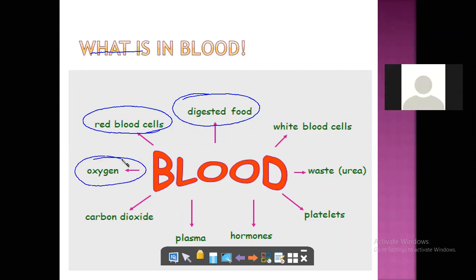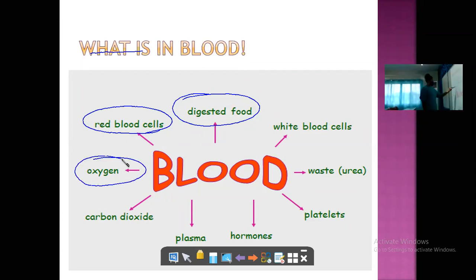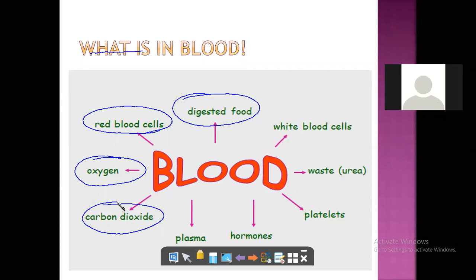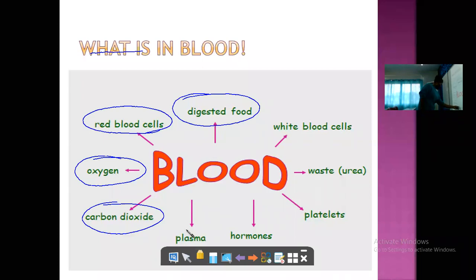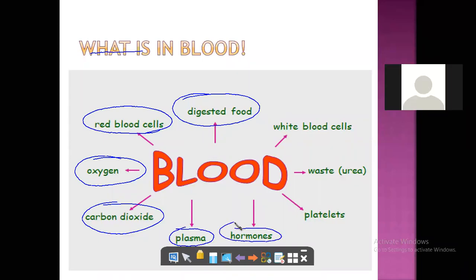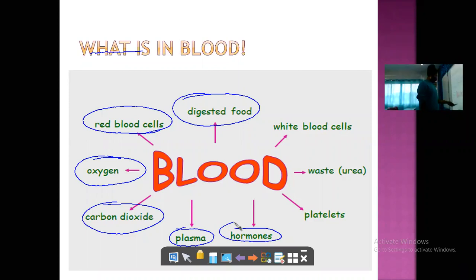Oxygen is carried around by red blood cells, hooked up by the hemoglobin. And carbon dioxide is a waste, a byproduct of cellular reaction in the cells of the body. Plasma is a yellowish substance in which all these substances float together with water.